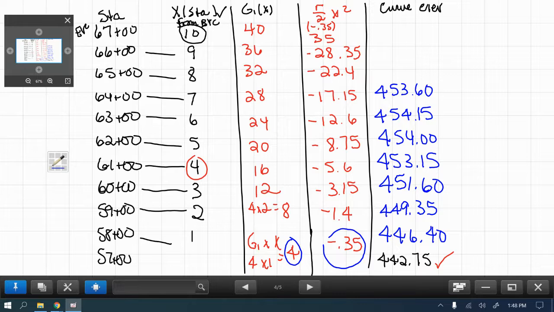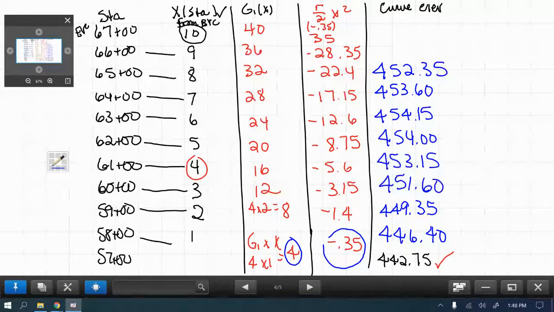So I've got to do 65. So I'm going to do 442.75 plus 32 minus 22.4. I get 452.35.